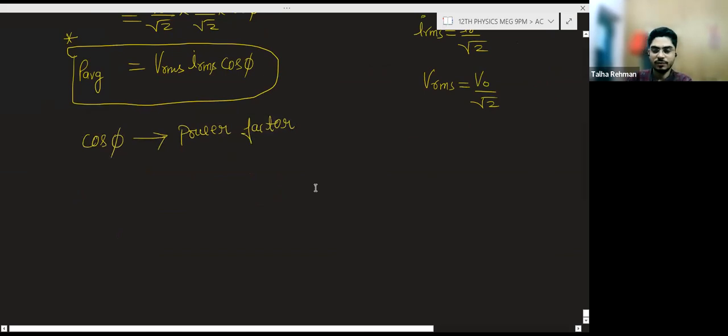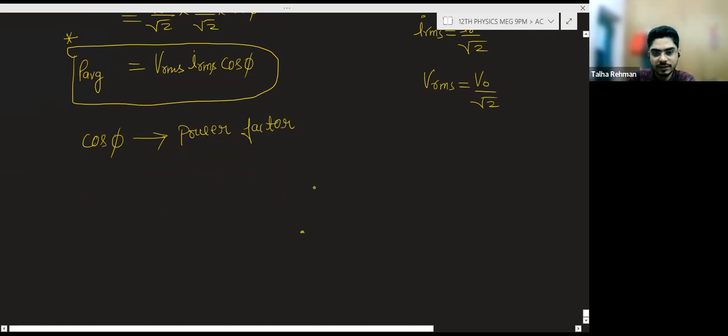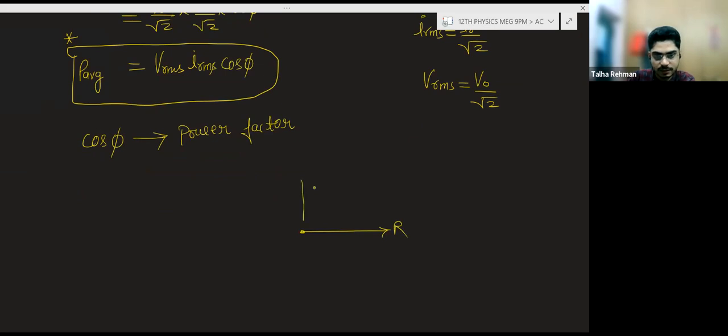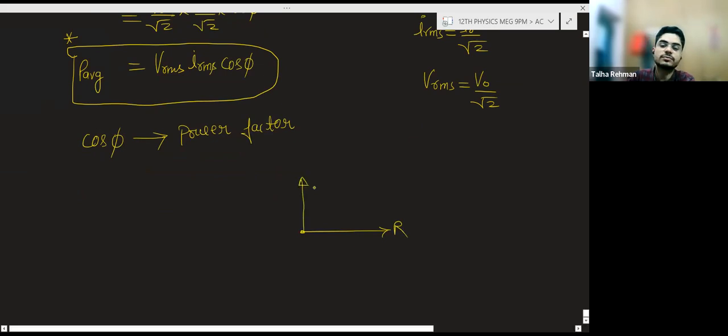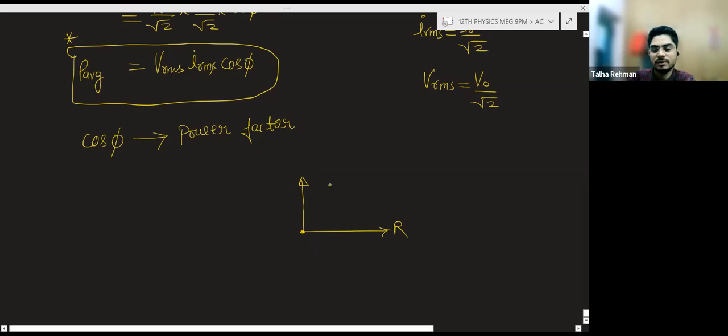phasor diagram for the series LCR circuit. So for the series LCR circuit, if you draw the diagram, this is the resistance R, and here is XL, the inductive reactance, and here is XC.